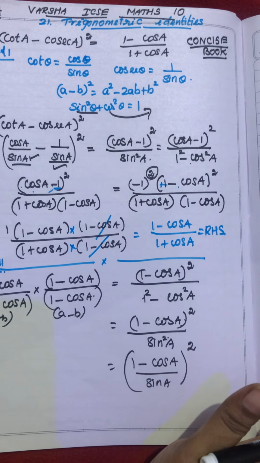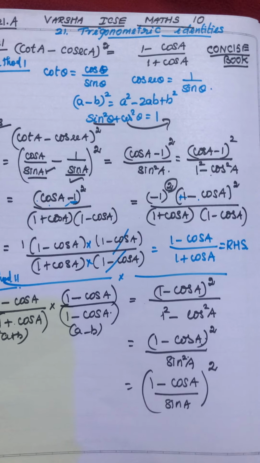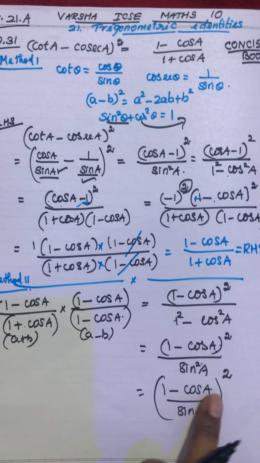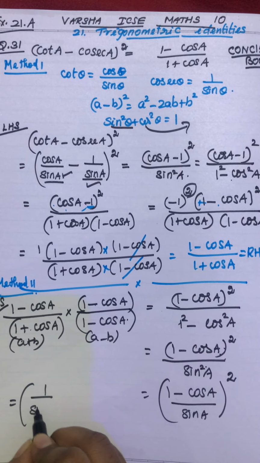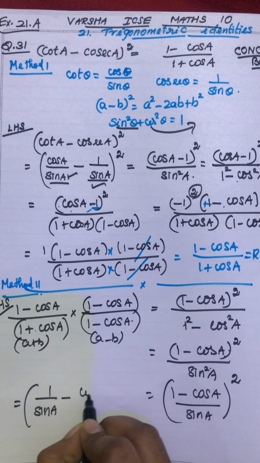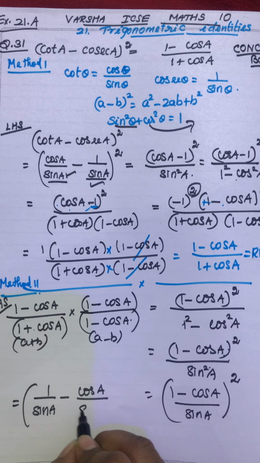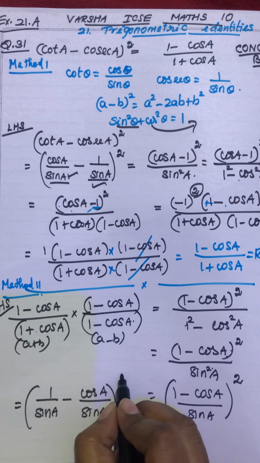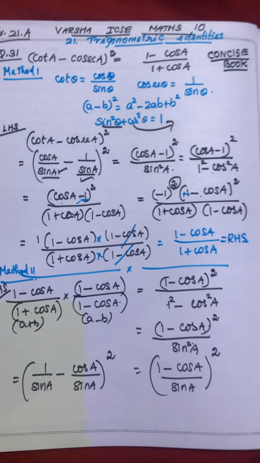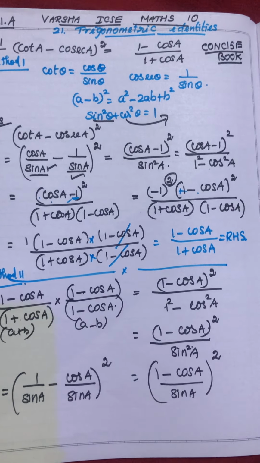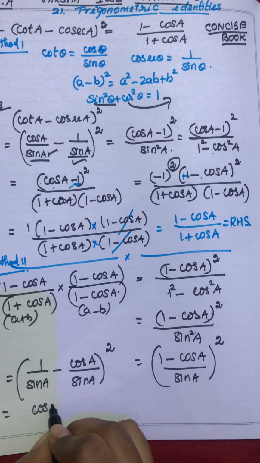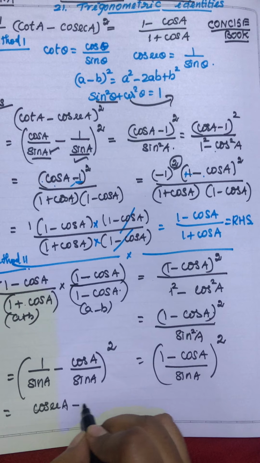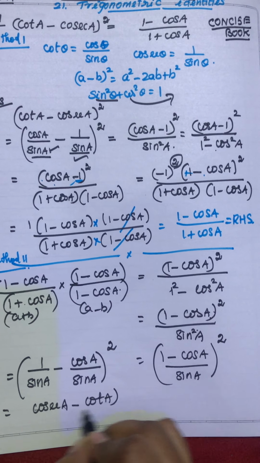Do you understand this step? Because we have (1 minus cos A) by sin A the whole square, you can write (1 by sin A minus cos A by sin A) the whole square. This 1 by sin A is cosec A because it is the reciprocal, and this is cot A, the whole square.